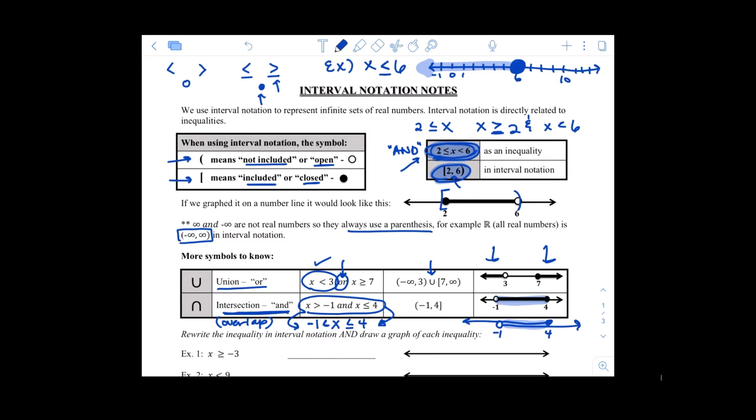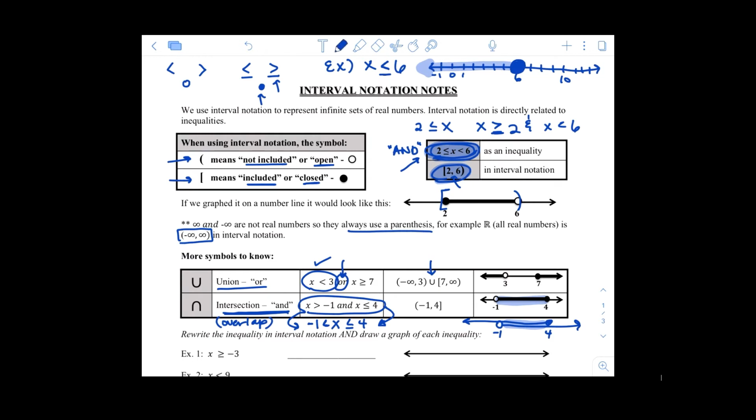In the union example, notice that I have two separate graphs of shading. I have every x less than 3 with an open circle because it doesn't include the 3. And I have every x greater than or equal to 7 with a closed circle because it does include the 7. Now, in interval notation, all you have to do is write this from left to right.